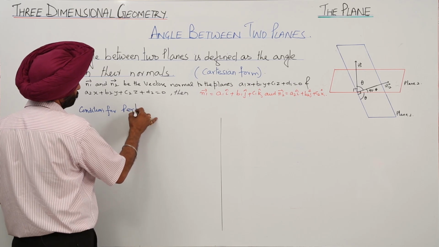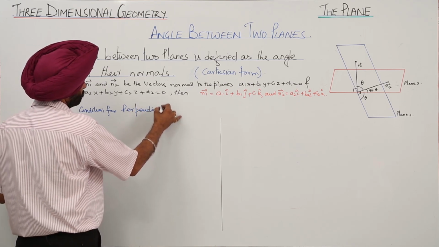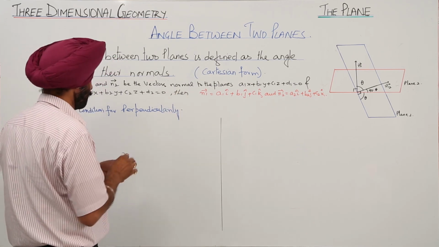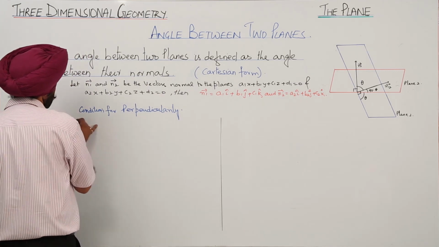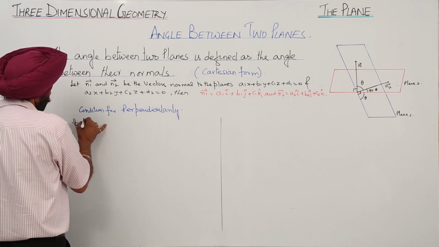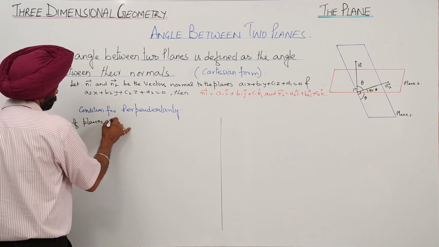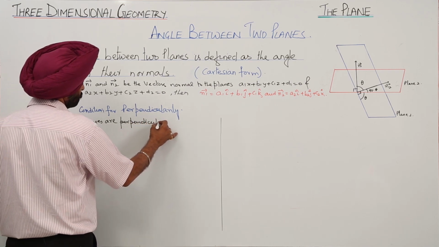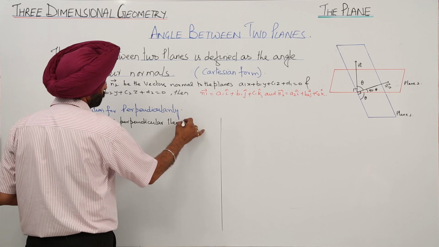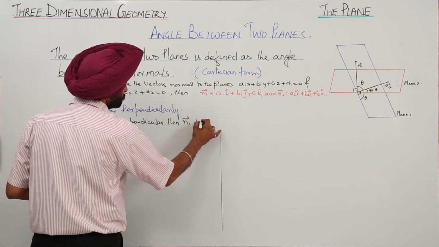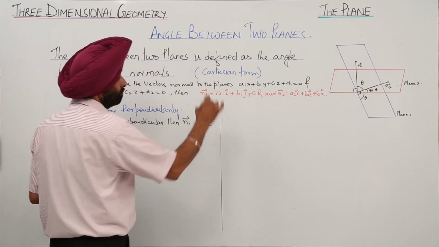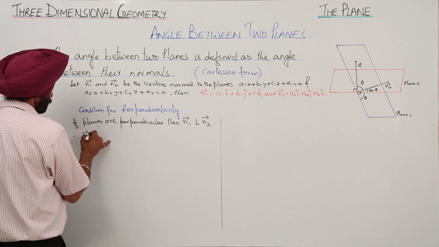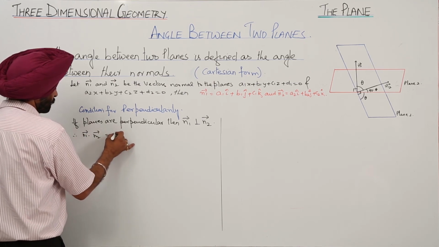Now, condition for perpendicularity. Now if planes are perpendicular, then vector n1 is also perpendicular to vector n2. Therefore, vector n1 dot vector n2 is equal to 0.